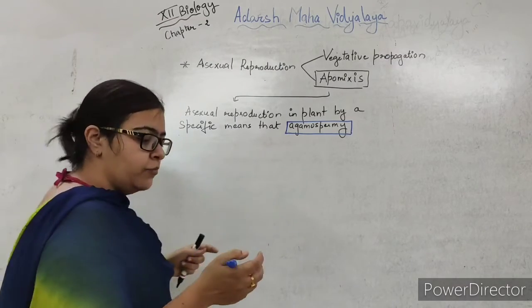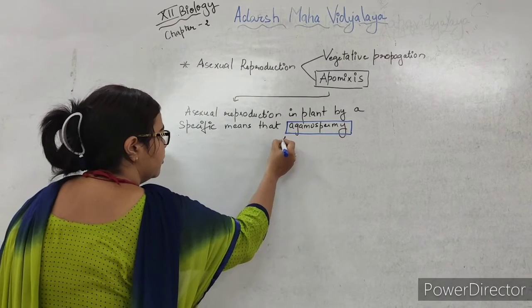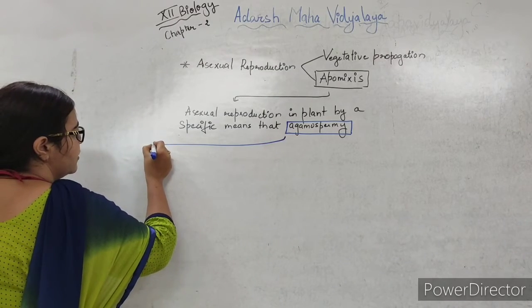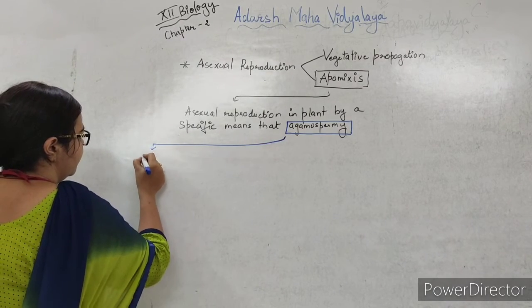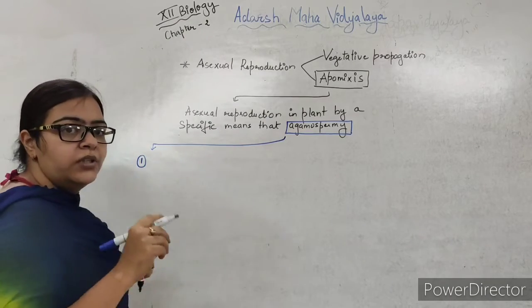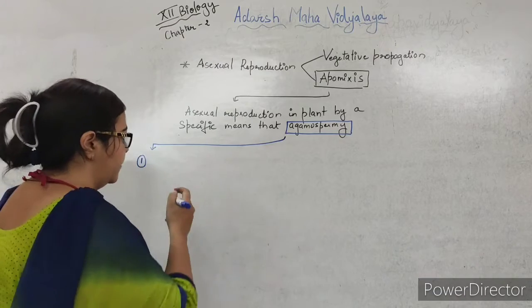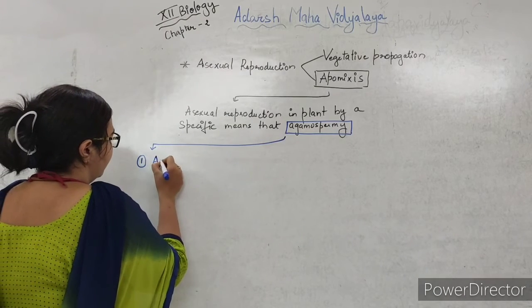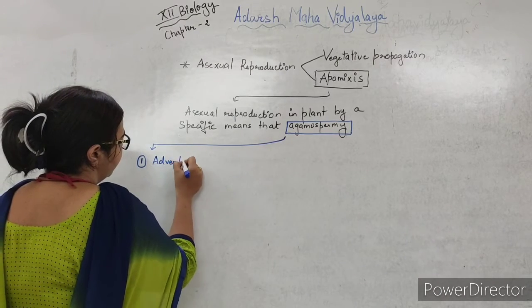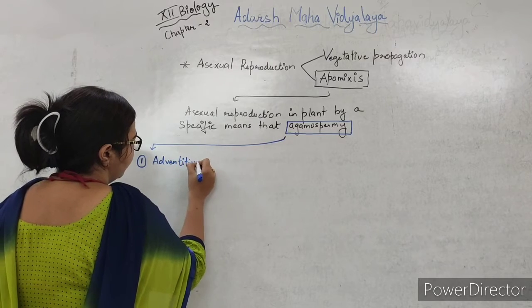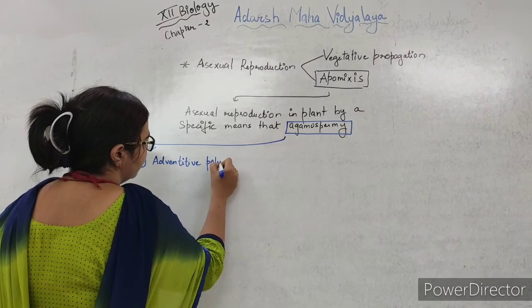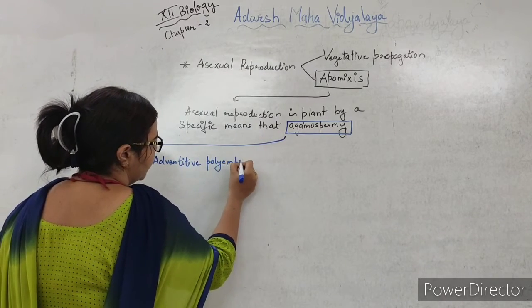Now this agamospermy is of three types. The first one is called adventive polyembryony.